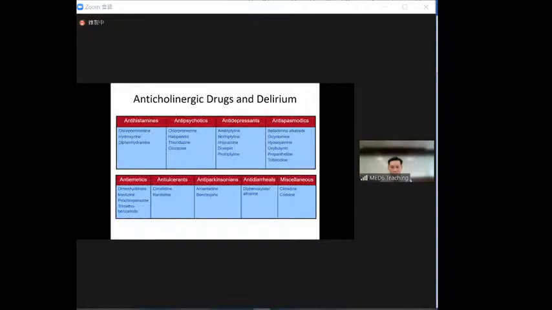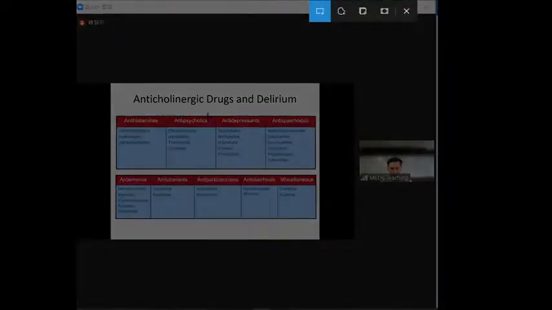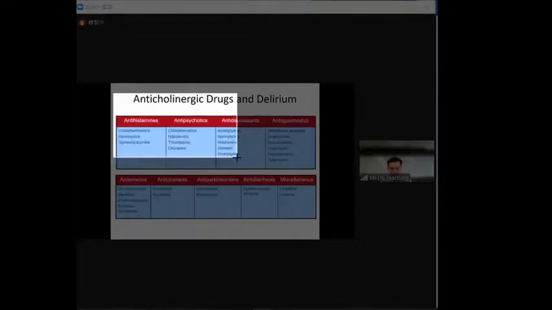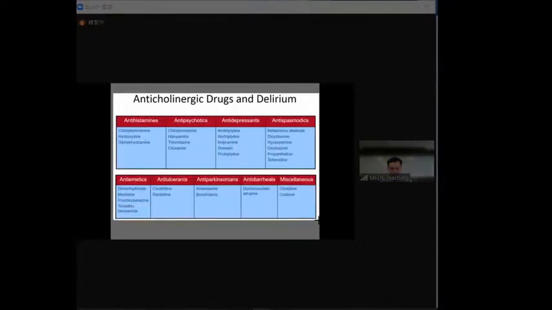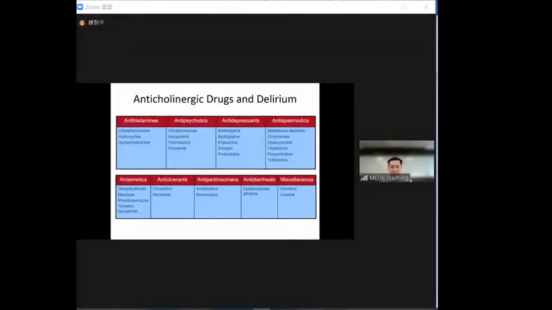Another group of drugs causing problems is drugs with anticholinergic effects. So I just list some of the drugs here. As you may not know, actually some drugs can contain anticholinergic effects. For example, older generation H2 blockers, cimetidine, ranitidine, etc. And of course, the antidepressants, in particular the tricyclic antidepressants and some tetracyclic antidepressants, such as dosulepin or doxepin, can lead to anticholinergic effects.